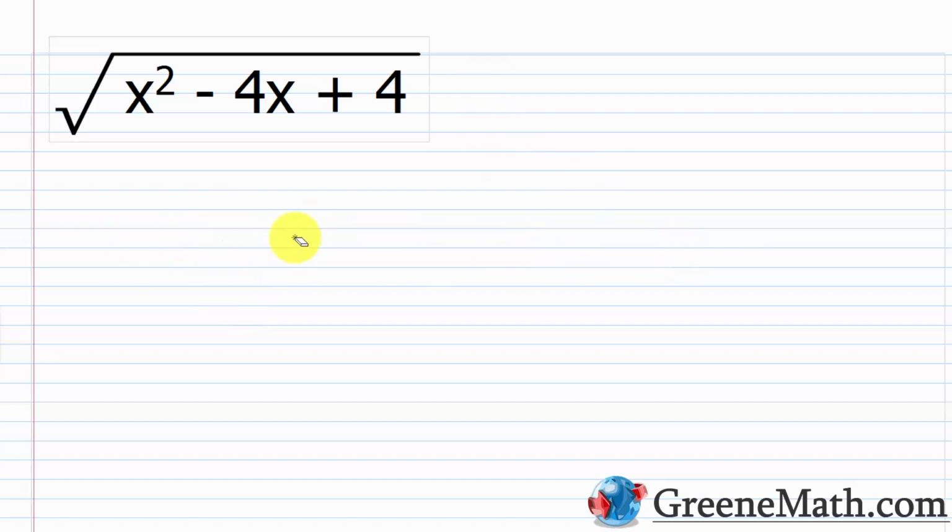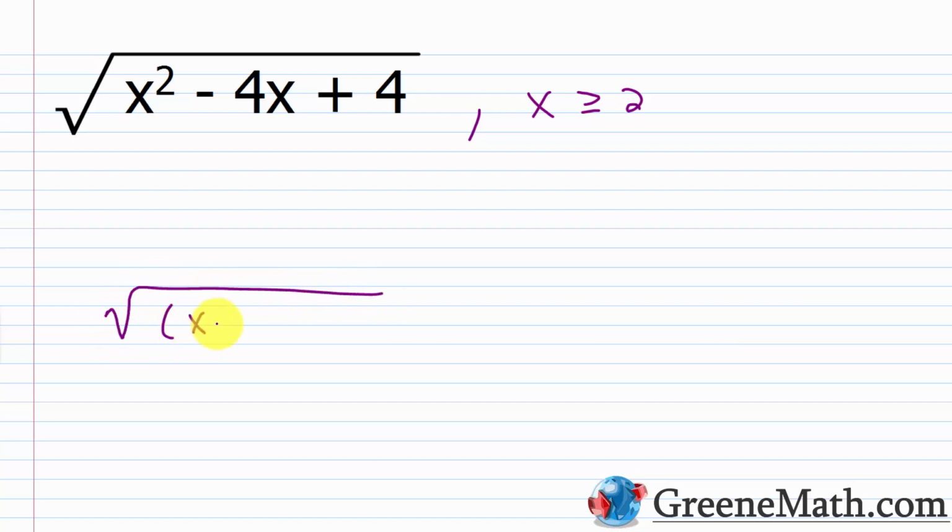So if I put a restriction here and said that x is greater than or equal to 2, well, then I can just go through and cancel. I can say the square root of x minus 2 squared, I can cancel this with this, and I can say this is x minus 2. That's perfectly legal because no matter what, x is greater than or equal to 2.